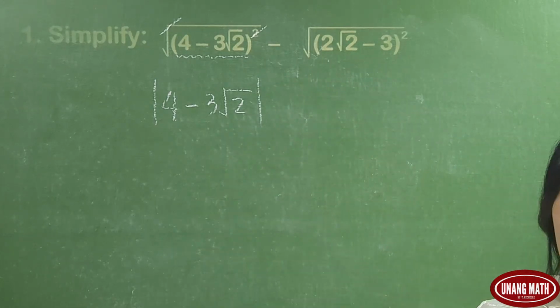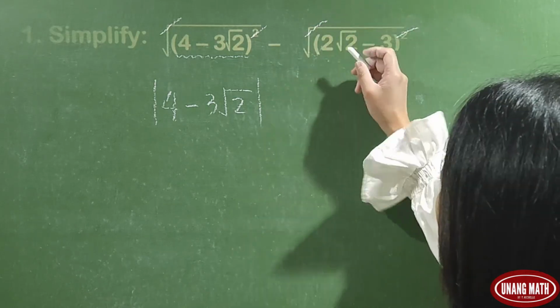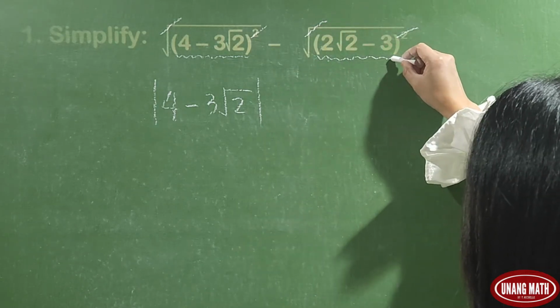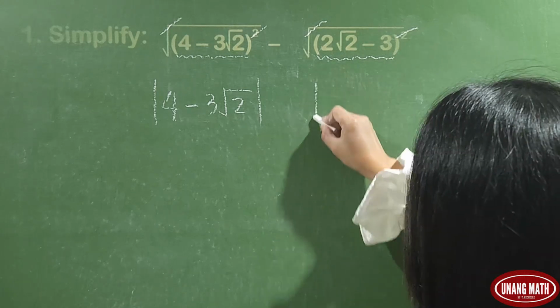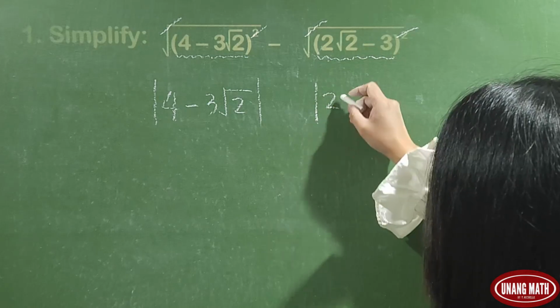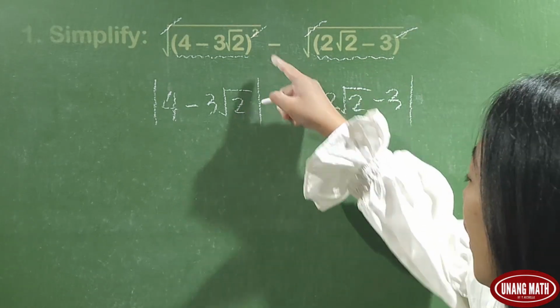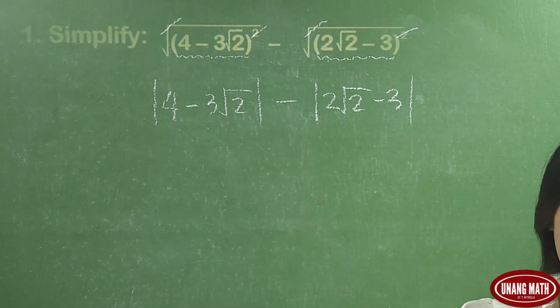Okay, what about here? We will do the same thing. So, this exponent 2 and radical sign will be removed. Get the absolute value of this number. So, we are going to write this one as absolute value of 2 times square root of 2 minus 3. Okay, this is subtraction.